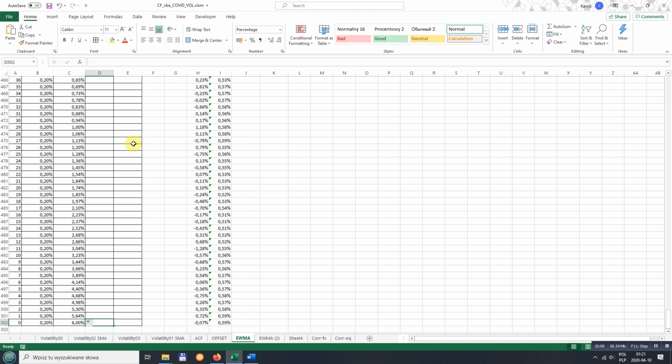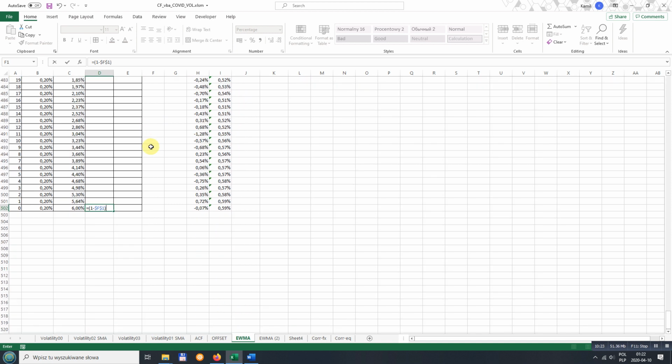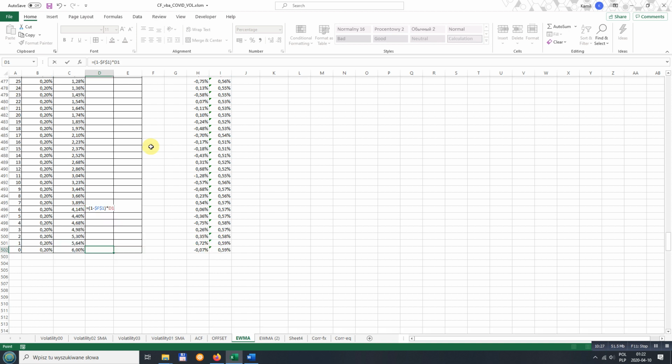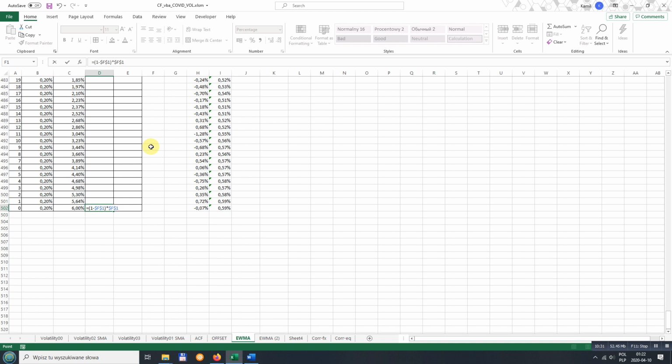So I will use 1 minus lambda parameter here times, again, lambda parameter raised to the power of the observation number, right? If I raise it to the power equal to 0, then this would be equal to 1. So our first observation would be just 1 minus the lambda coefficient.